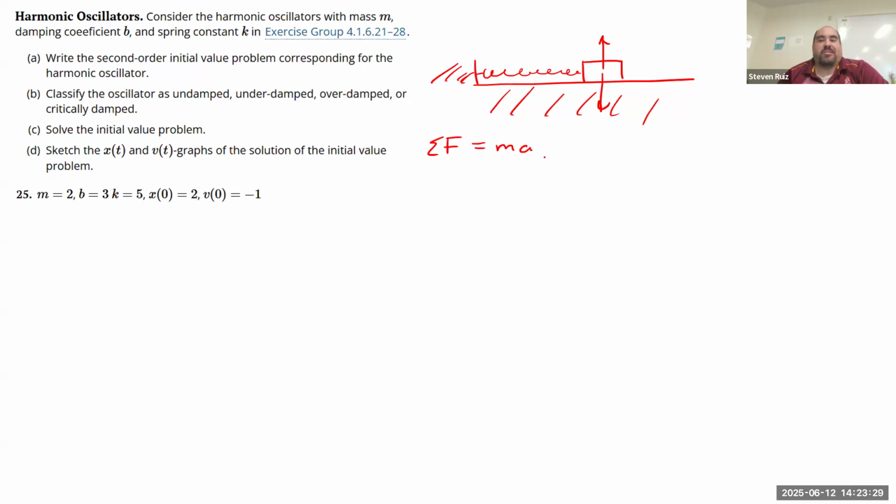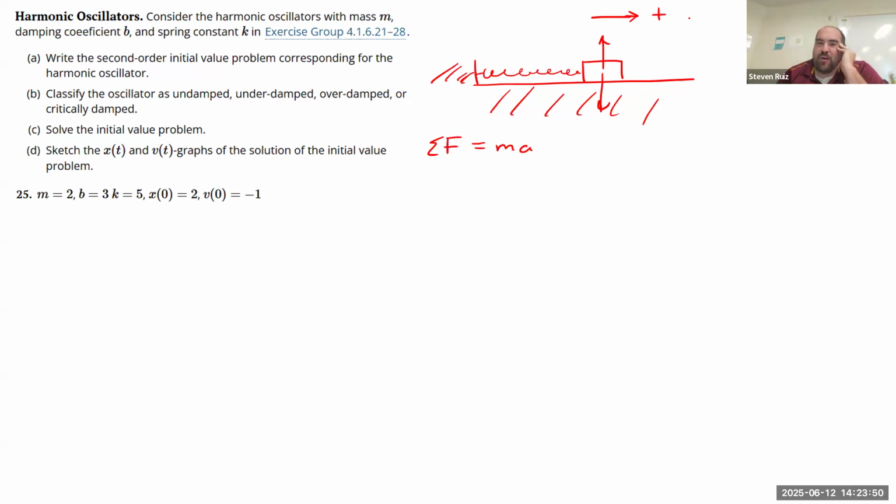So what is the sum of all forces here? As this thing moves, let's say it's moving to the right. And just in the name of consistency, we'll say to the right is positive.